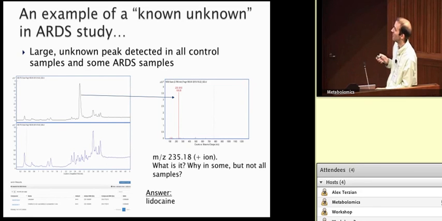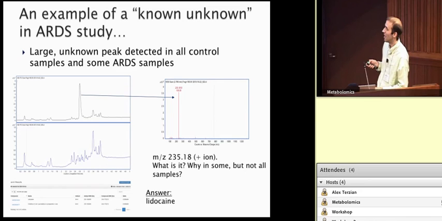This is an anesthetic that is administered to patients in some cases as part of the lavage process, and it's not administered to all of the patients because some of the patients are sedated and anesthetized using propofol or another anesthetic and didn't need this, whereas for others the physician decided to use this as part of the treatment.